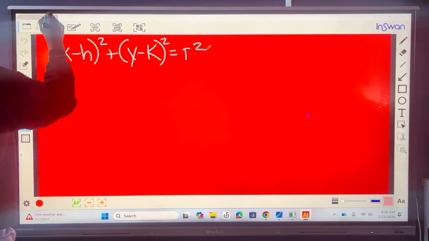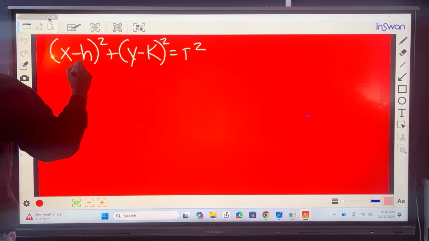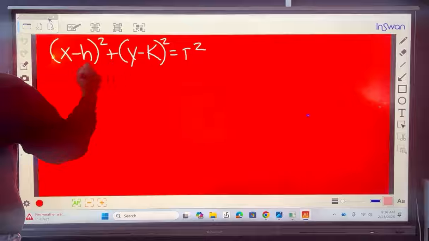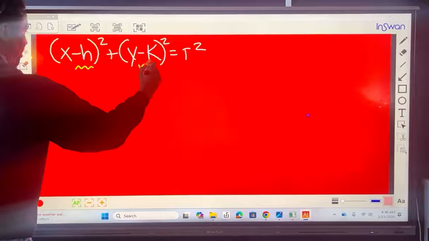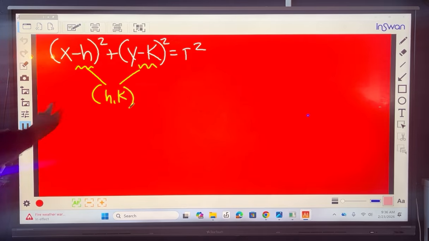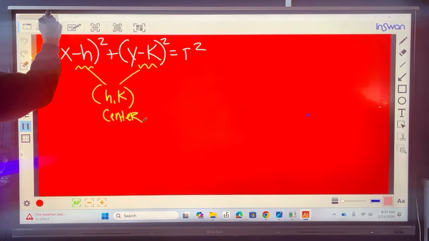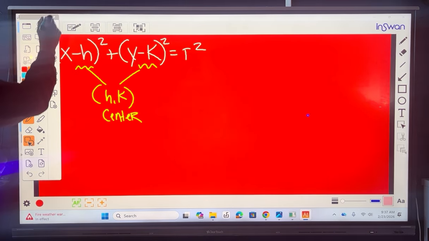Watch this. Hold on. Aaron, Angel, I need y'all to be locked in. So that is our equation of a circle. This h and this k, these are my what now? This is your what of a circle? Center of a circle. Let's let that lead right into today's lesson.